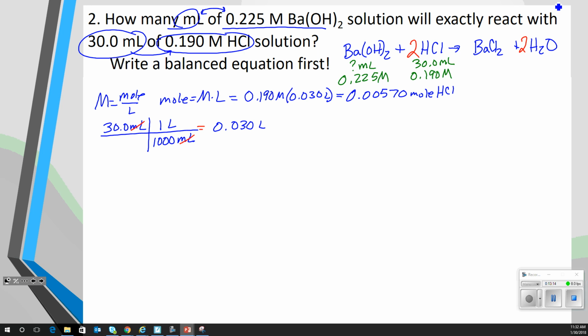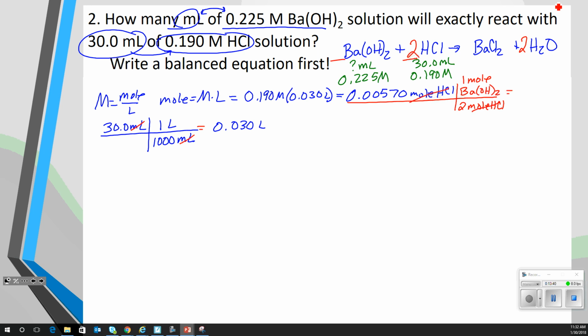Okay, now at this point, we're going to go to our ratios, because we want to change from moles of one thing to moles of something new. So we've got HCl, we want to get rid of HCl, so on the bottom I'm going to put 2 moles HCl, and we want to go to barium hydroxide, so we put 1 mole of barium hydroxide on the top.